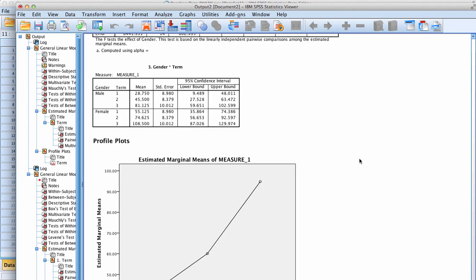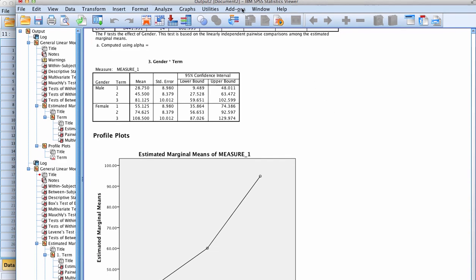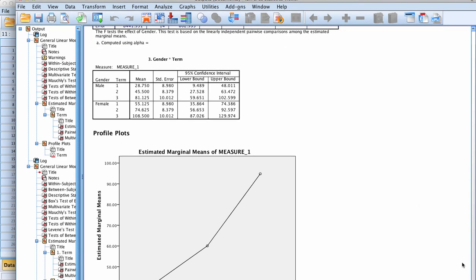And then I forgot to put the graph in, so I can go back and do that.